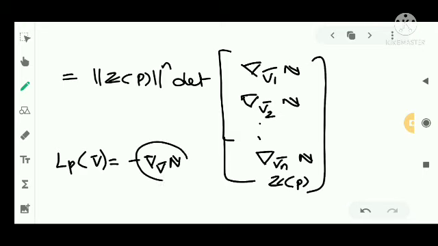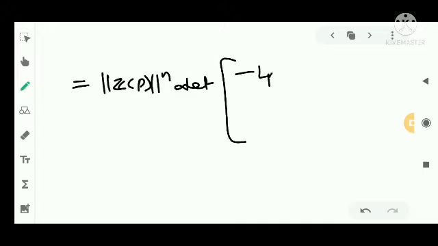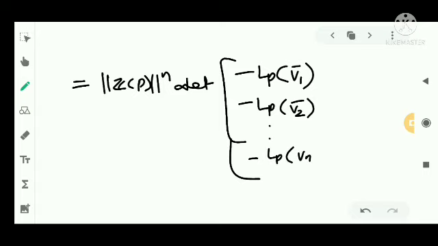So del Vn means that is minus LP of V. So we can replace each by minus LP of V1, minus LP of V2, etc. So we get norm z of p all raised to n into determinant of minus LP of V1, minus LP of V2, etc. minus LP of Vn and z of p.